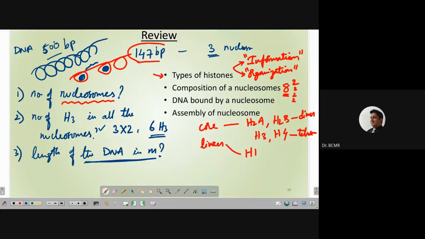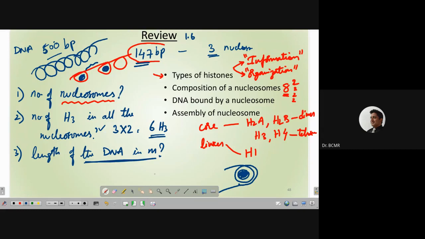The amount of DNA is usually about 147 base pairs, with little changes here and there, and it wraps around about 1.6 times. That means this is 1 time, and this is about 1.6 times. Here would be the core histones, the nucleosome, and the outside ring that I have shown is the DNA wound around it.